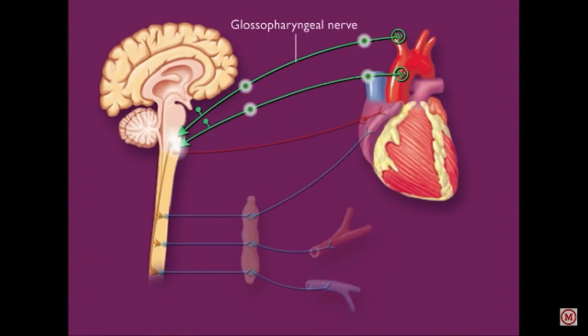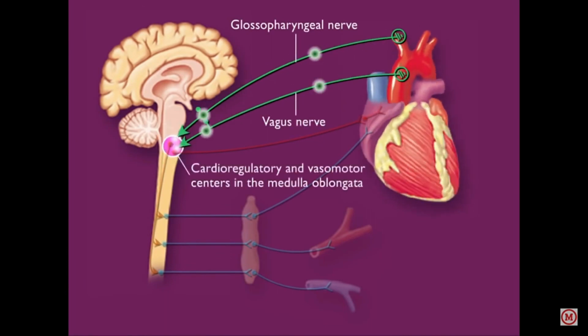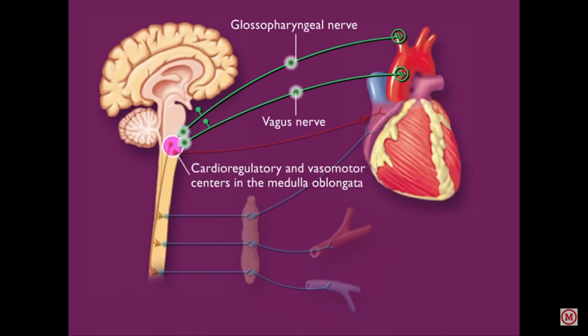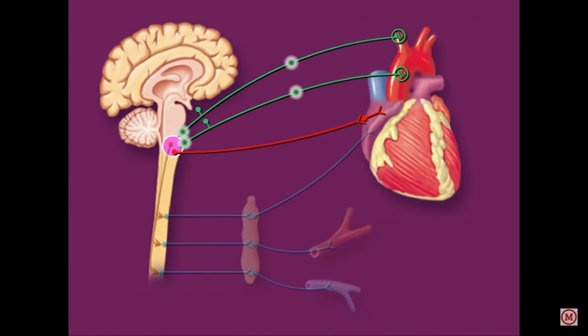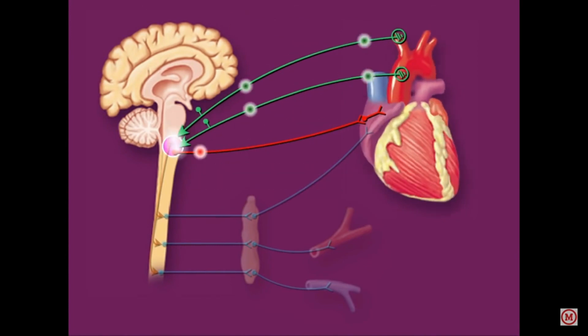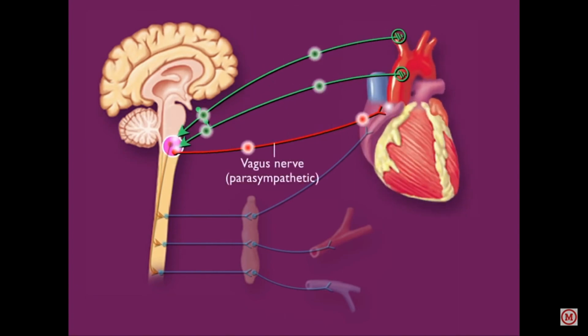These sensory nerves are the sensory glossopharyngeal nerve, which is the 9th cranial nerve, and the sensory vagus nerve, which is the 10th cranial nerve. In response to these impulses, the cardiovascular centers of the medulla increase parasympathetic flow to the heart via the motor vagus nerve, resulting in a decrease in heart rate.